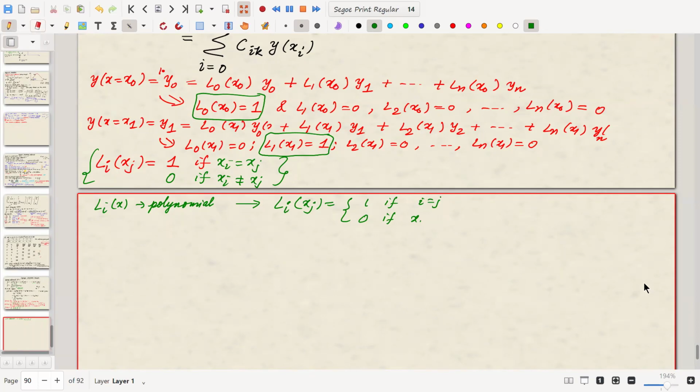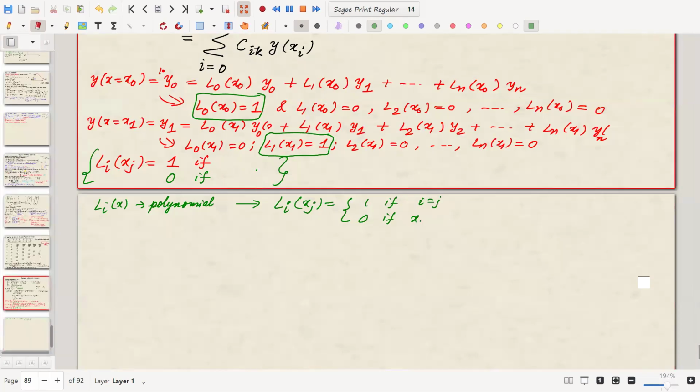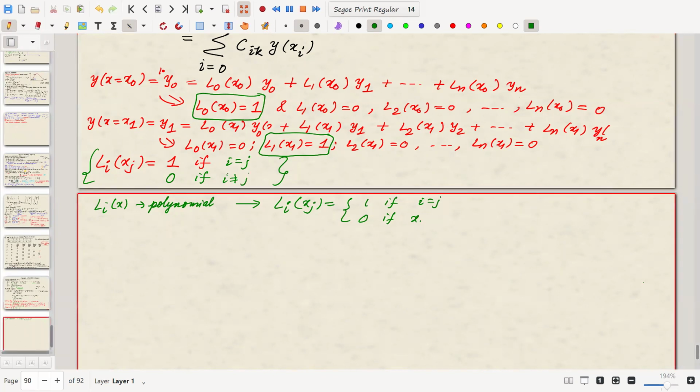Here also I made a mistake. It is just based on the indices, not based on the x values. If i equals j, it is 1. If i is not equal to j, it is 0. So based on this, can you find the Lagrange polynomial? That's the idea.